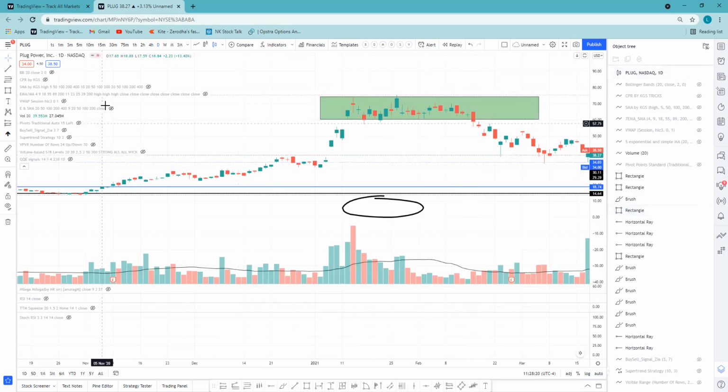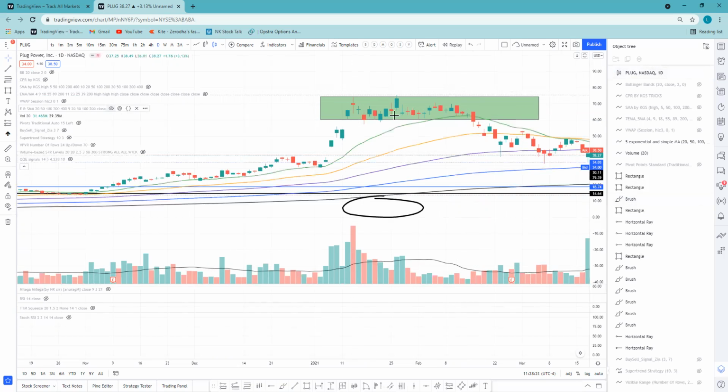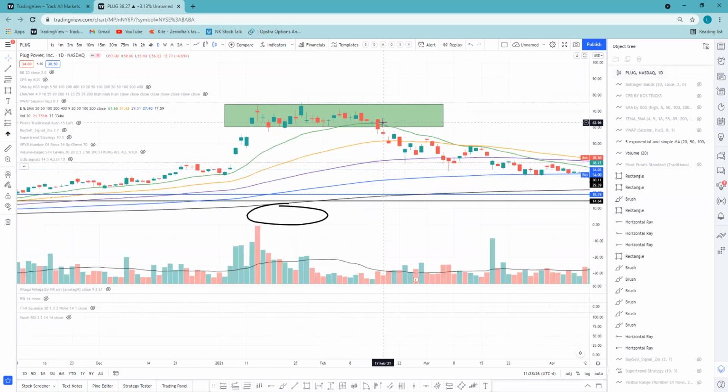At the same time, put on the EMA and see which EMA it respects. If you make the 20 EMA or 50 EMA your first rule, you will have a smaller stop loss. If you keep the 200 EMA as your rule, you will have a longer stop loss or longer wait, because 200 is way slower than the 20 EMA. 20 EMA is faster than the 200 EMA, right?